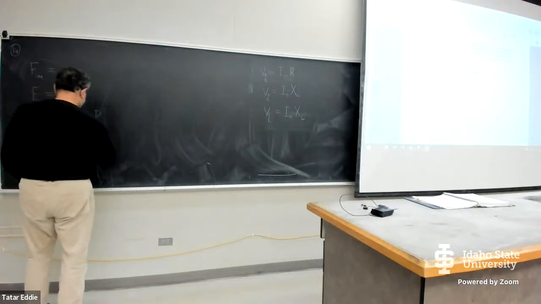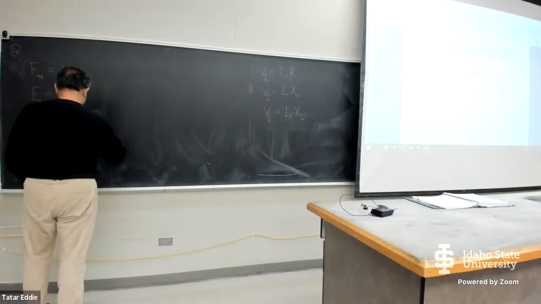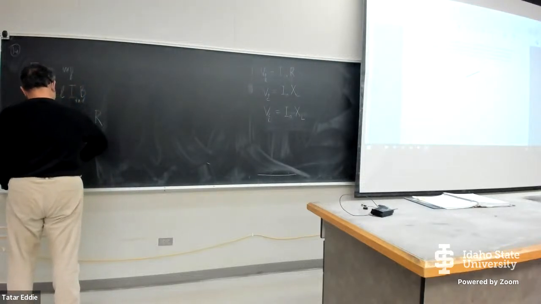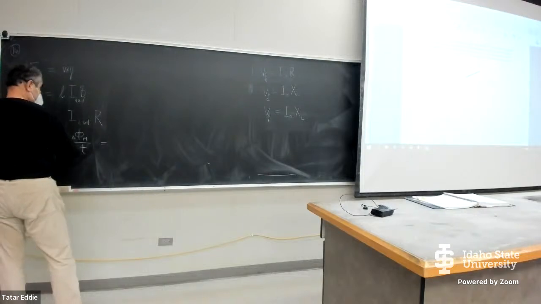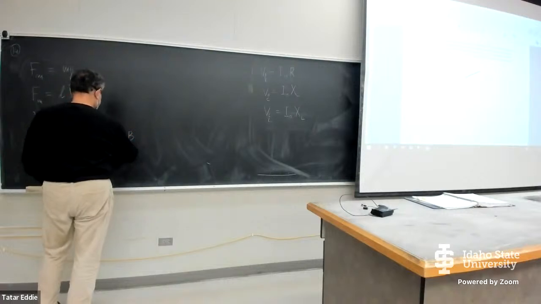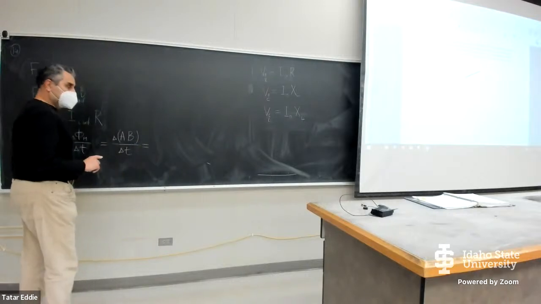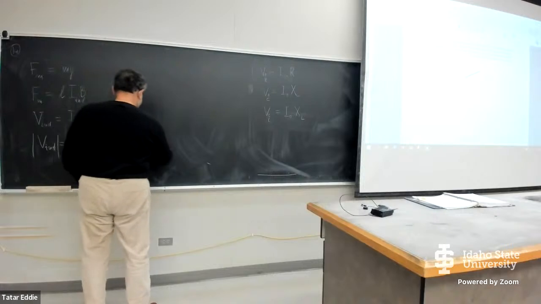And this change of magnetic flux, let's put the magnitude right here, is going to be area times magnetic field divided by time. Magnetic field is constant. Write it like this.